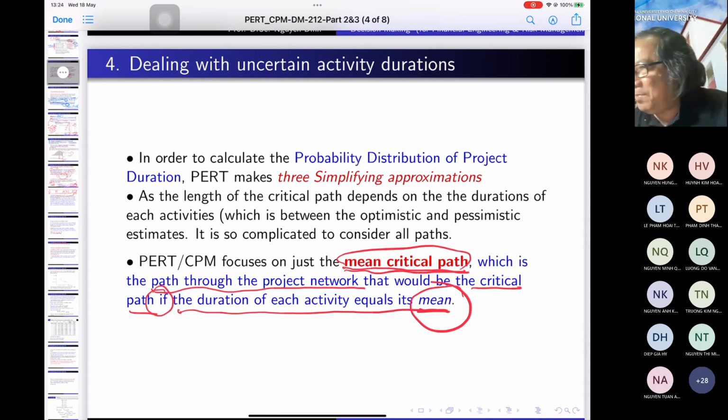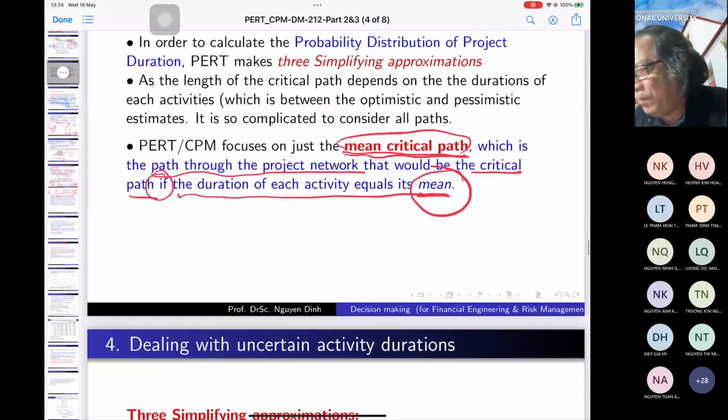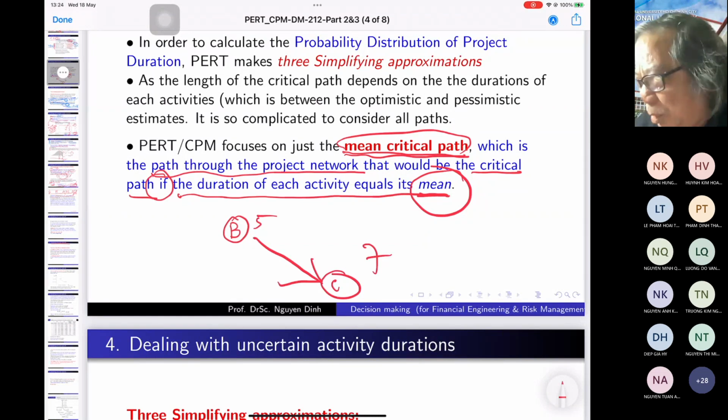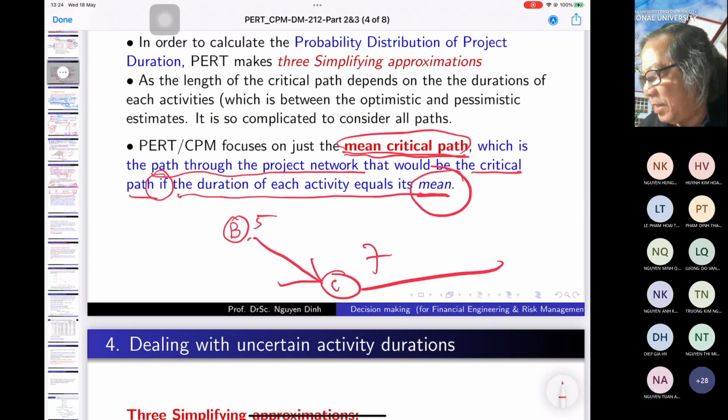I don't know if you know that you have something like this. You have a node B and the node C. Suppose that here is 5 and 7. So that means the duration of B is 5, and the duration of C is 7.